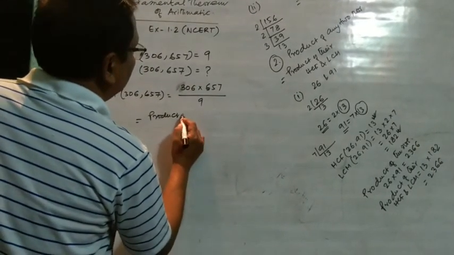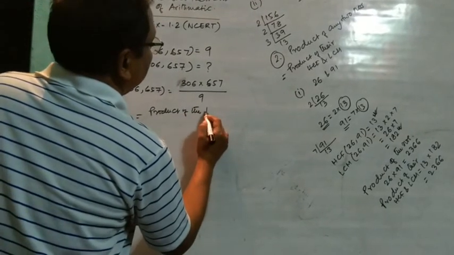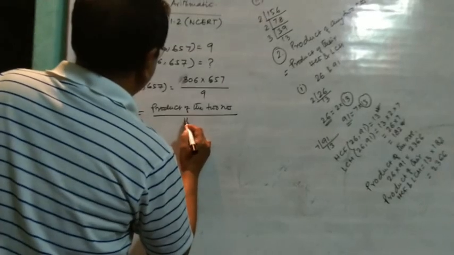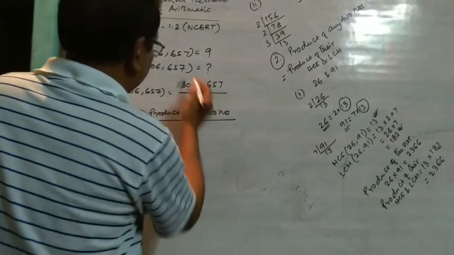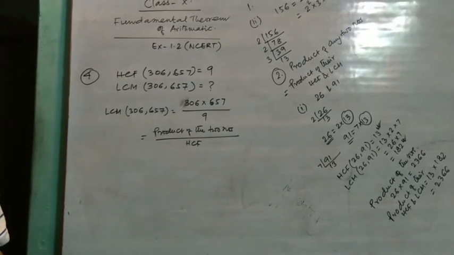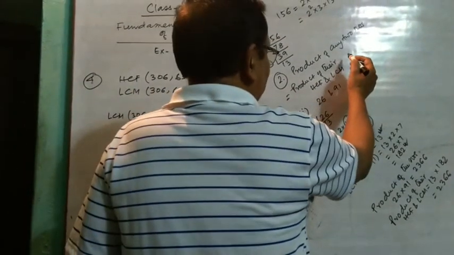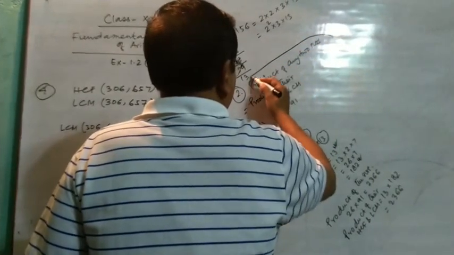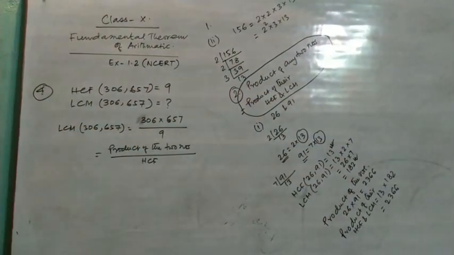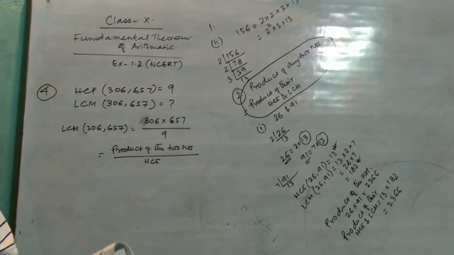Product of the two numbers divided by HCF. You will do it and you will get the value of LCM. LCM can be calculated simply by using this very formula. Property: product of any two numbers is equal to product of their HCF and LCM.